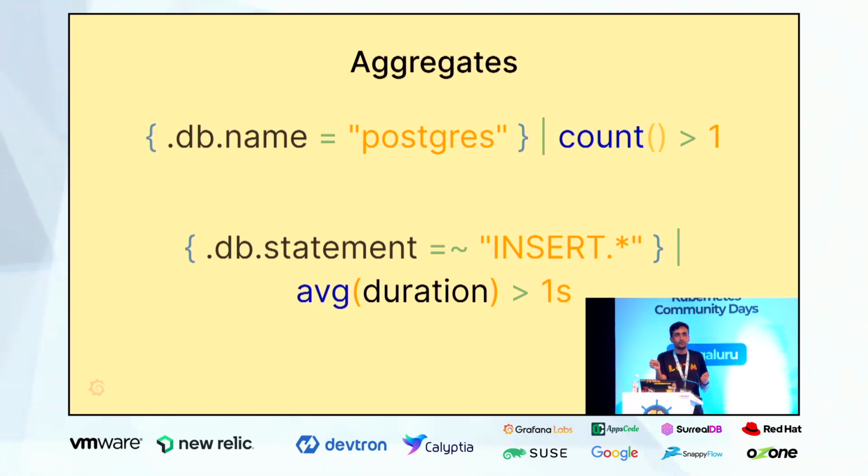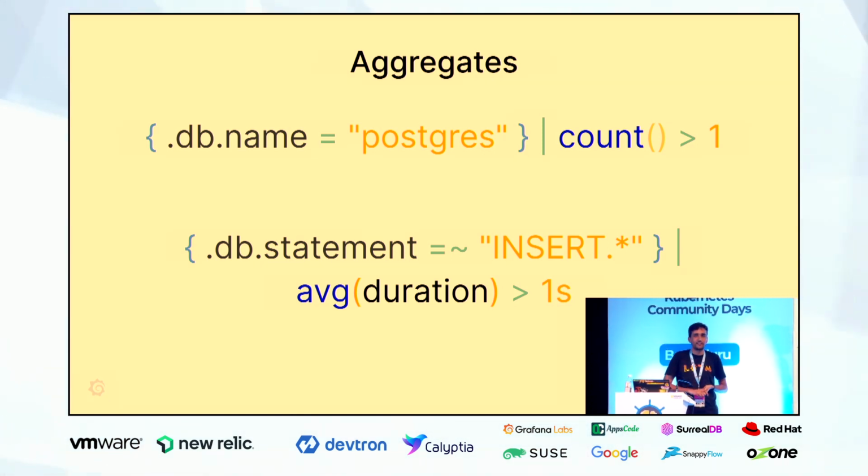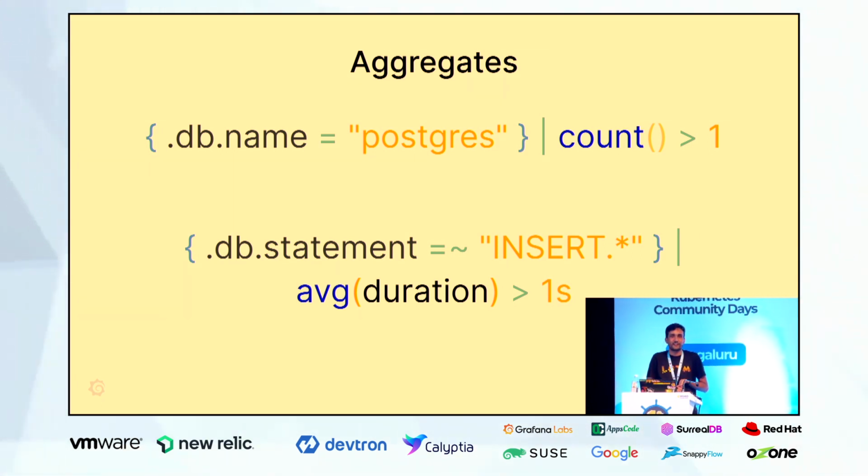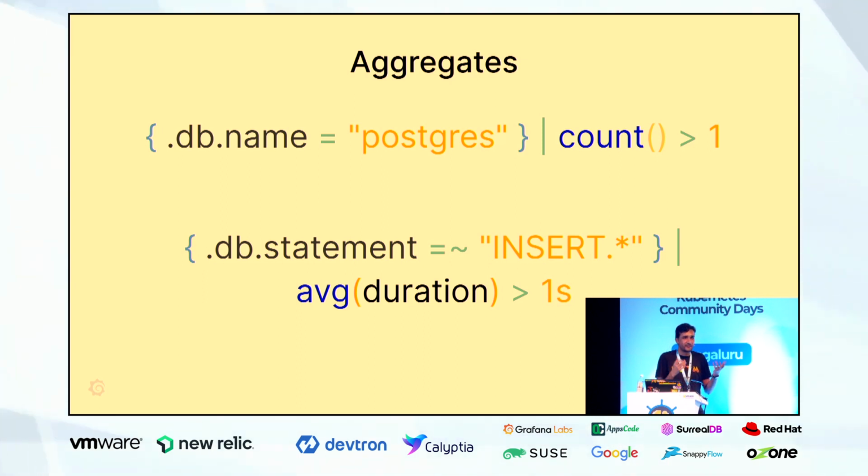You can just say count is equal to 1, and you will find all the traces where only a single span was there, which is an interesting query because it allows you to find all the single span traces. Because a single span trace is pretty useless, it doesn't convey anything. It is as good as a log line. And when your instrumentation is broken, you might produce single span traces, which would have been harder to hunt down. But with TraceQL, it is just one query.